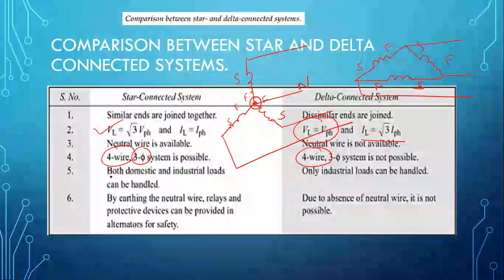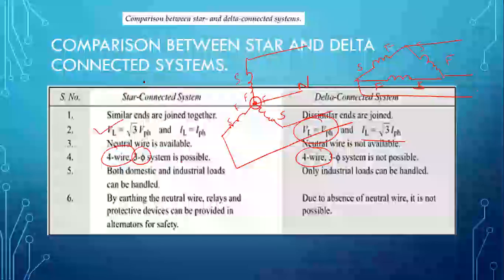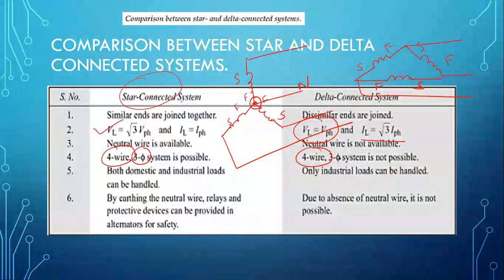It is used for both domestic and industrial loads. It can handle this star connected system. This delta connection is used for higher power application, that is only industrial load. Finally, by earthing the neutral wire, relays and protecting devices can be provided in the alternator for safety.